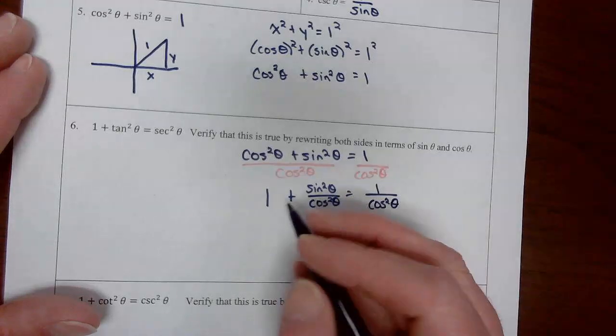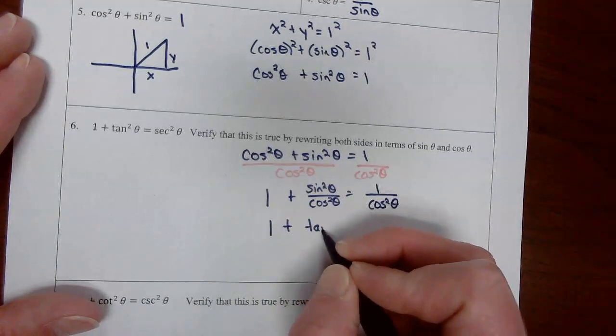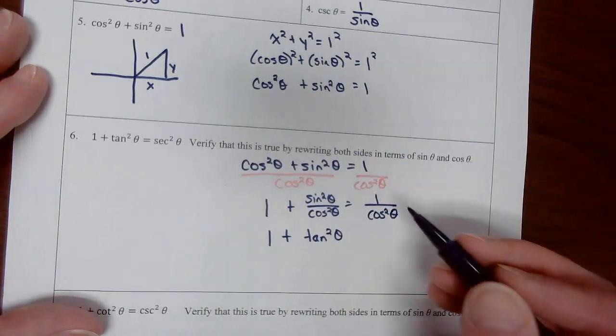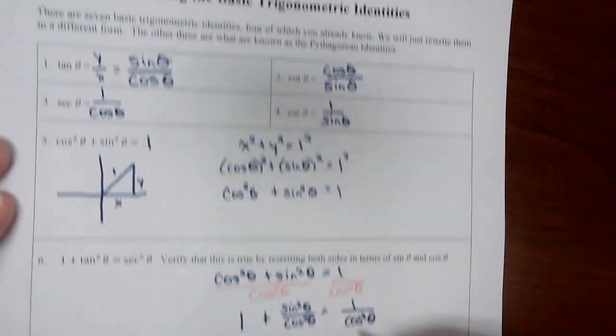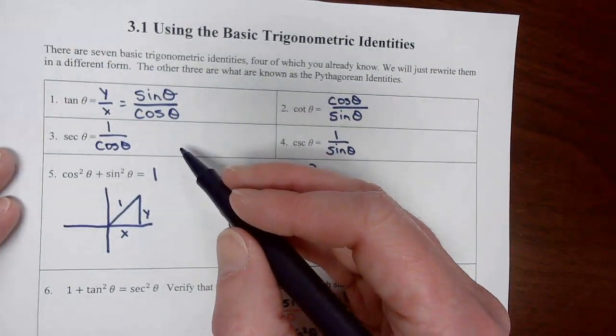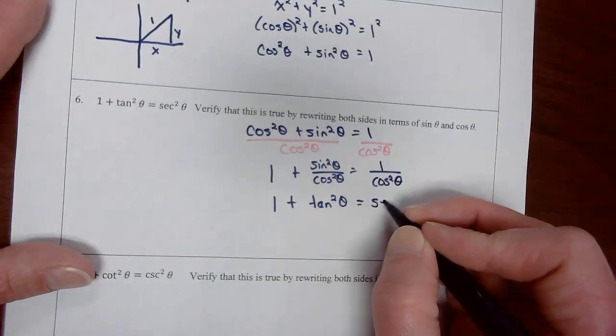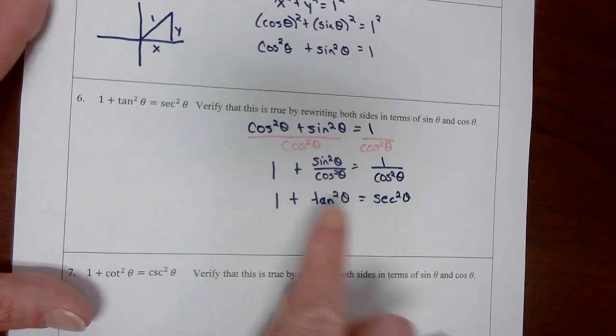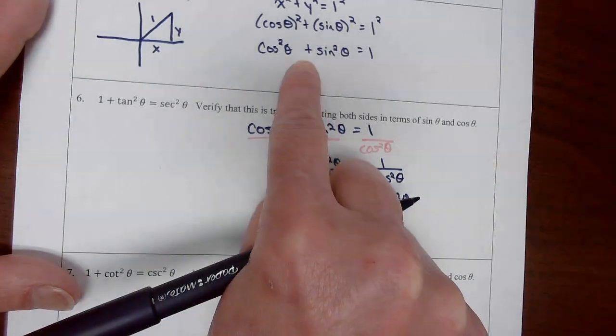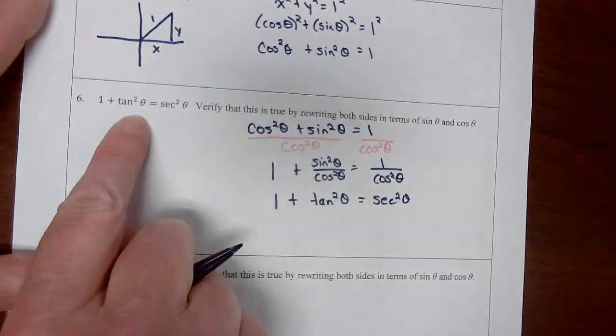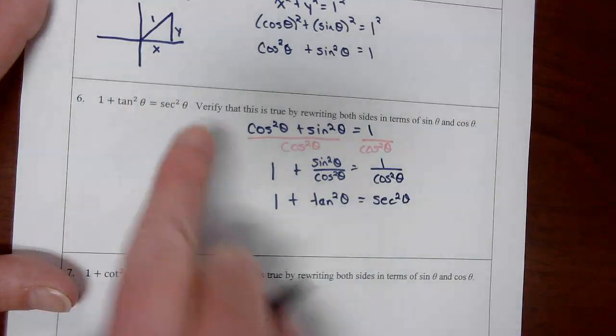Sine over cosine is tangent, so this is the same as tangent squared. 1 over cosine is secant, so 1 over cosine squared is secant squared. So I can rearrange this Pythagorean identity to get me tangents and secants.